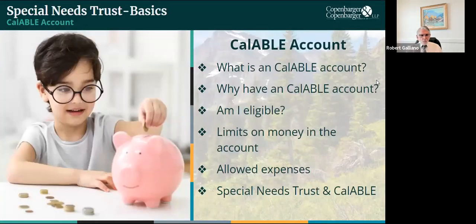All right. One other magic bullet. Have you heard of the ABLE accounts? I am going to simplify. ABLE accounts are similar to a 529 account. A 529 account, a lot of you may have some for other beneficiaries, for example, children or grandchildren.